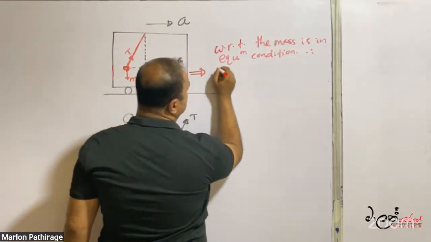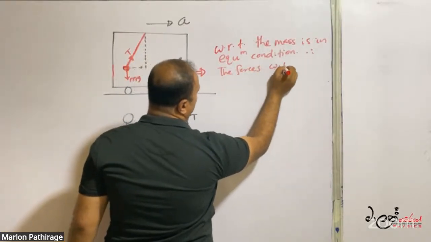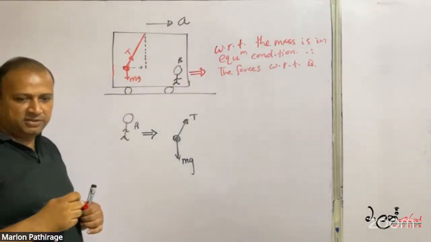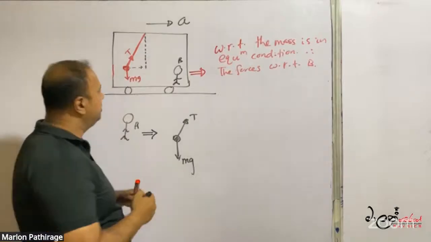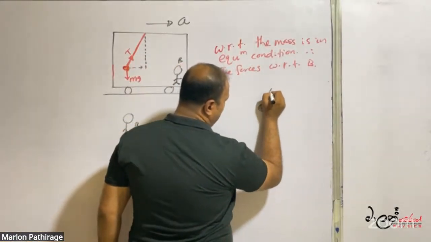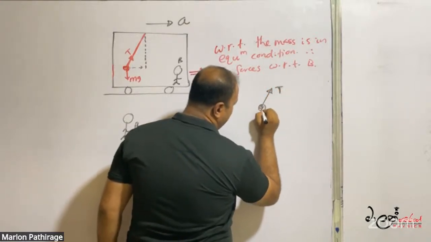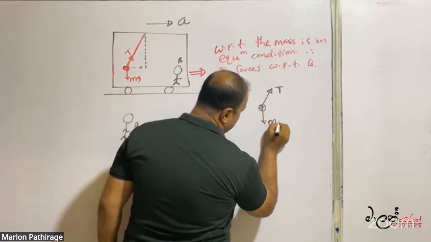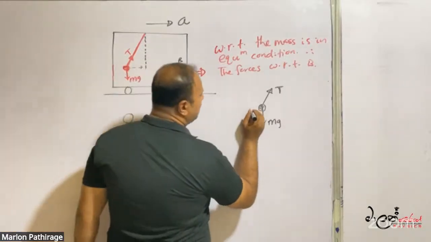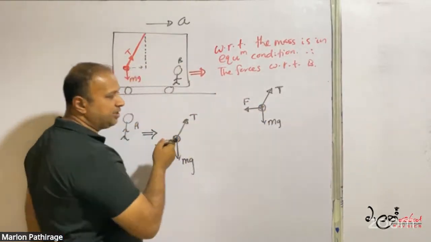Therefore, the forces with respect to B are something like this. Here there's a tension force. Here there's the weight. Definitely there should be another force into this direction.